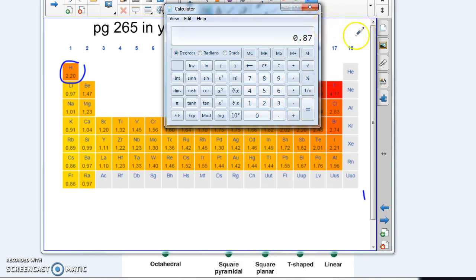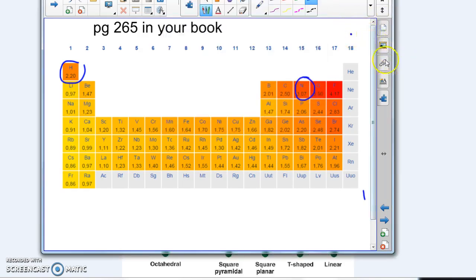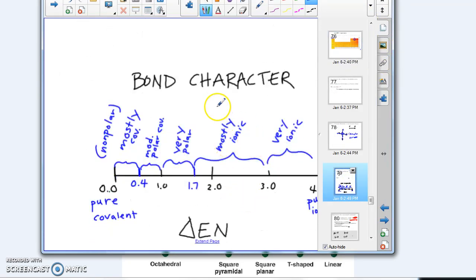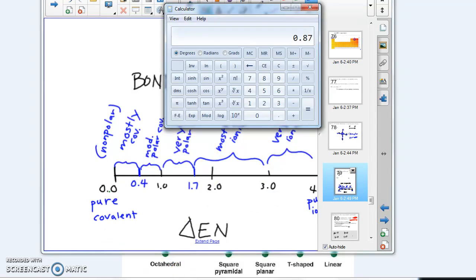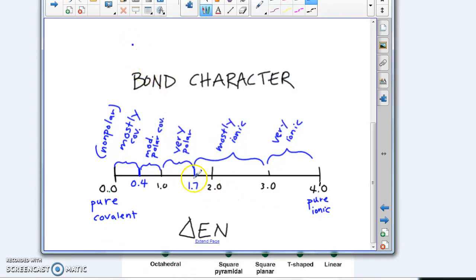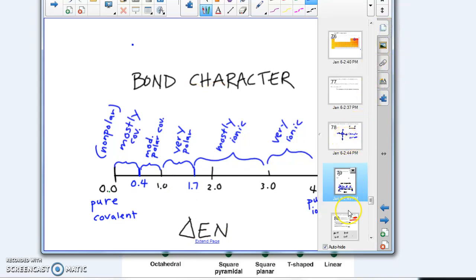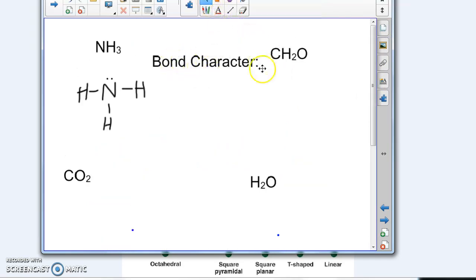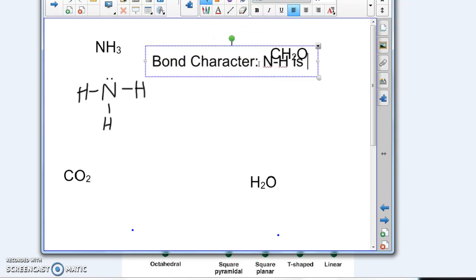Now we want to use our little chart on that other slide to tell us. Our change in electronegativity is 0.87, so that's going to be right here. We're going to say that that's a polar covalent bond. So the bond character for N to H is polar.